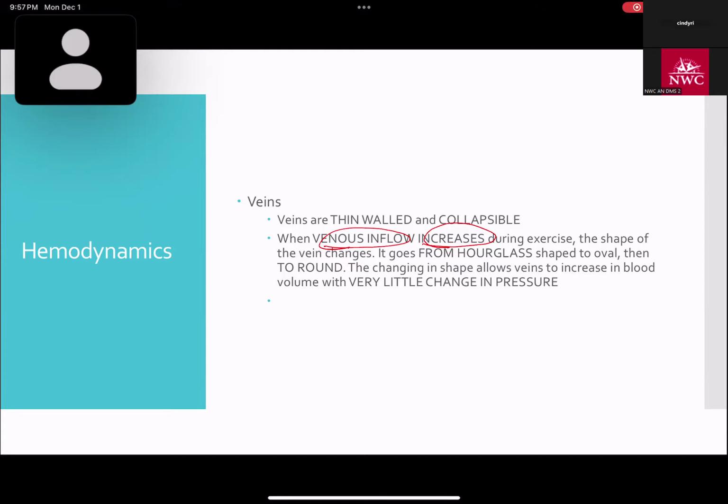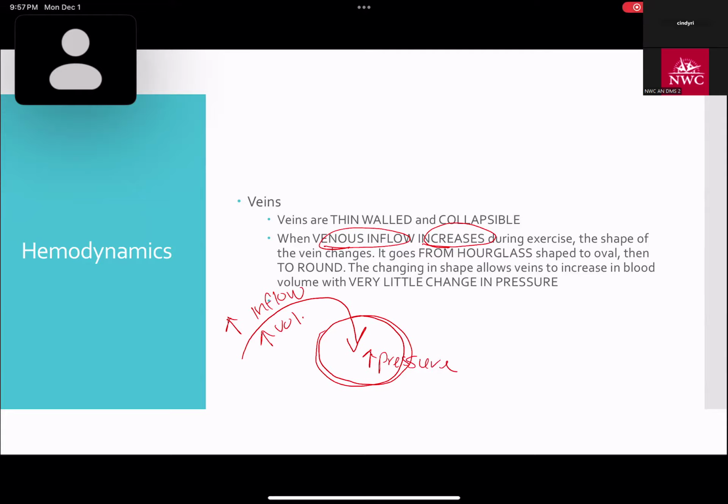So I want you to think about a vein like this. Okay, here's my vein. If I have an increase of inflow, or I could say an increase in blood volume, normally you would expect there to also be an increase in pressure inside of that vessel.